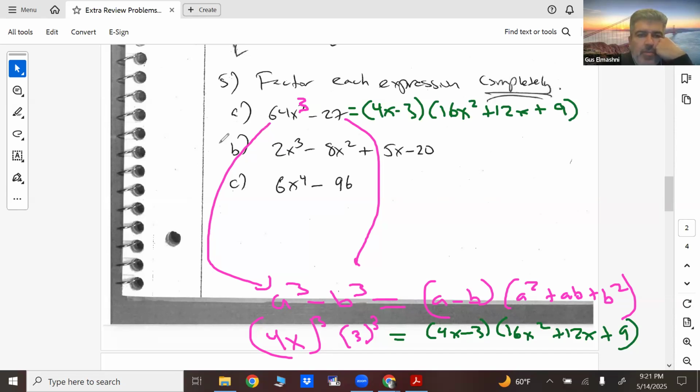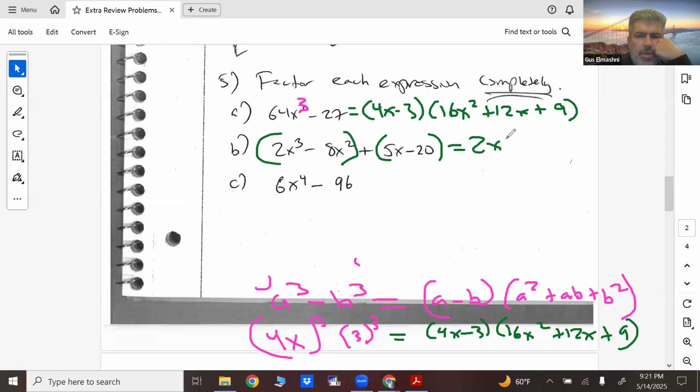These are repeats from last test because some people struggle with these questions. You can group the first 2 and last 2 terms. If you do that, you take out 2x squared from the first group, you have x minus 4. Take out 5 from the second group, also x minus 4.